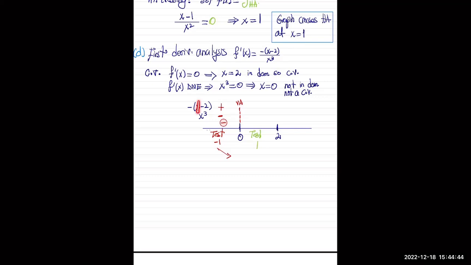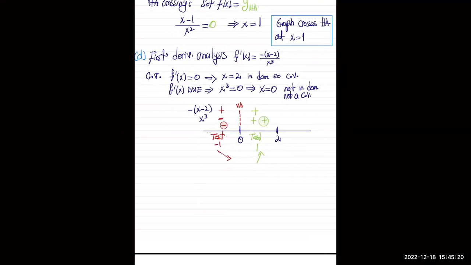Here we get negative of 1 minus 2, that is a positive again. 1 cubed is a positive, 2 positives. That would be a positive derivative, suggesting the function is increasing. So the function goes from decreasing to increasing, but we just can't say that the function has a minimum at 0. 0 is not a point on the graph, so it can't be a minimum. It's a vertical asymptote, and the derivative is changing sign.